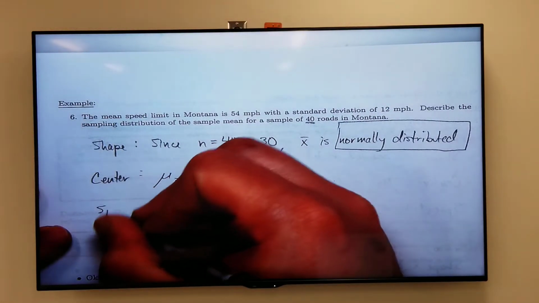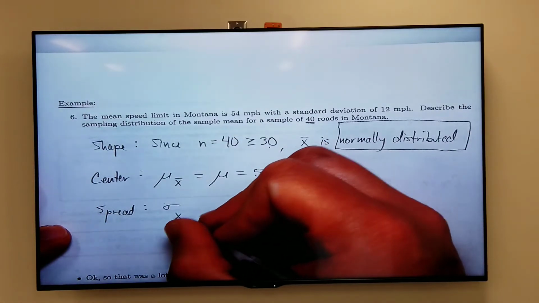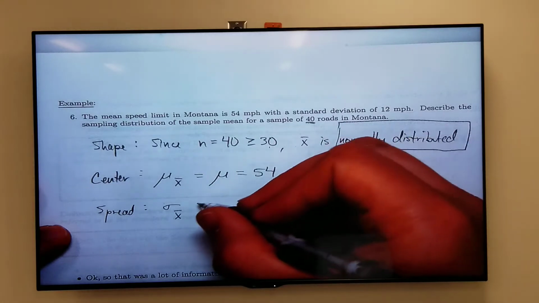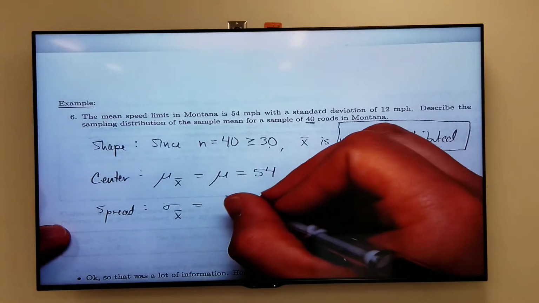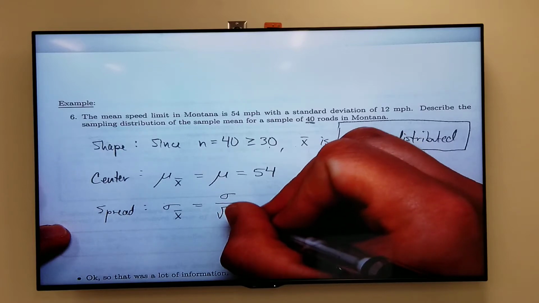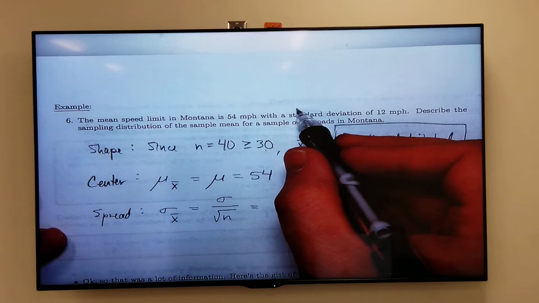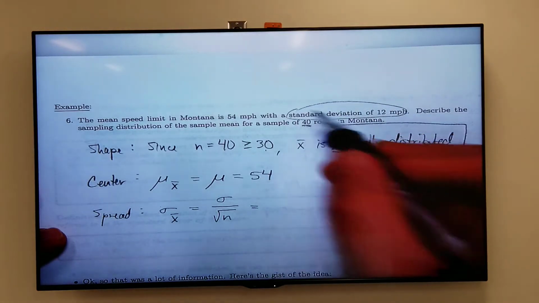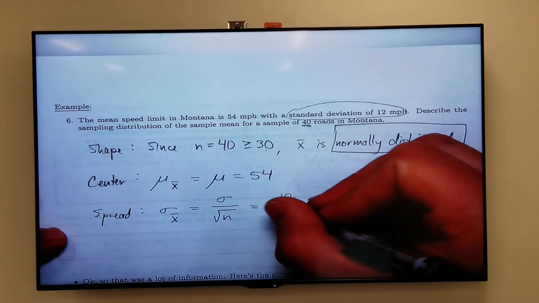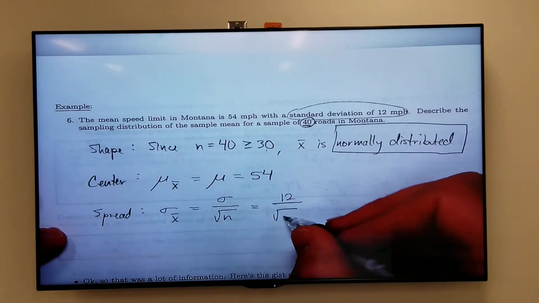And then the spread, sigma sub x bar. Well, we've discovered that sigma sub x bar is the same thing as sigma divided by the square root of n. In this case, we're told the standard deviation is 12. And the sample size we said was 40.